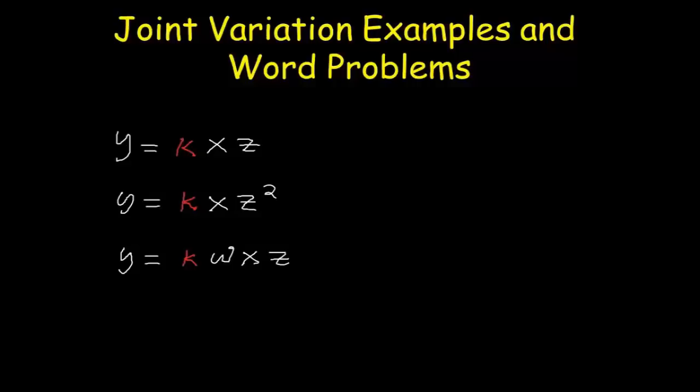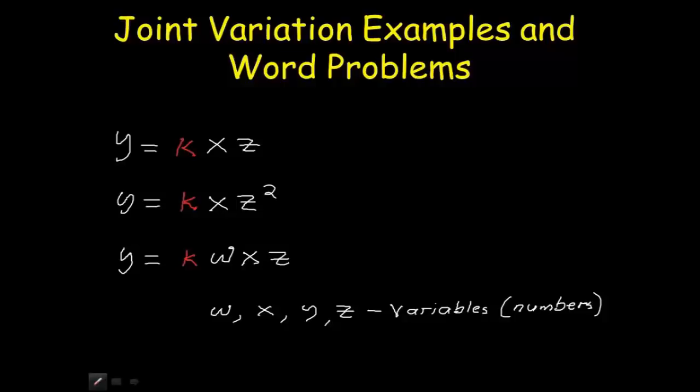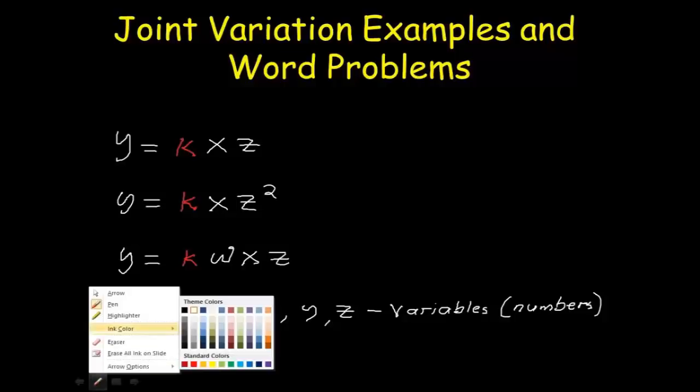So in these examples, the letters w, x, y, and z are all variables or numbers. And then we have the letter k.